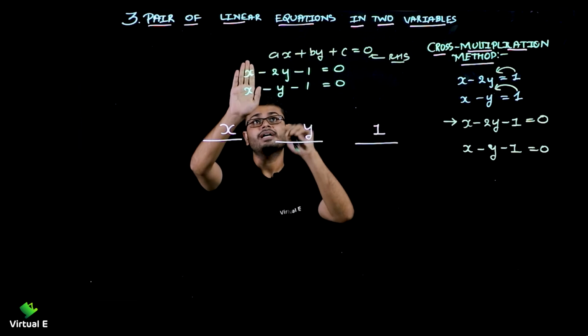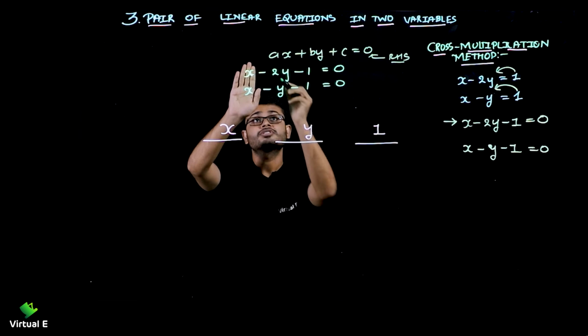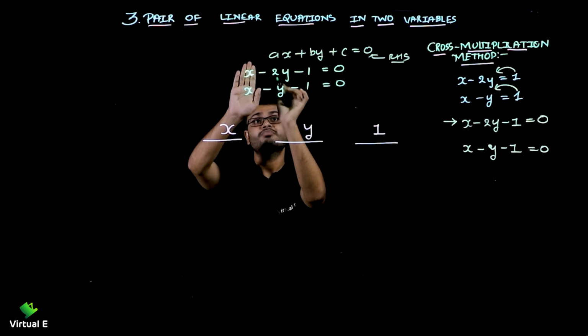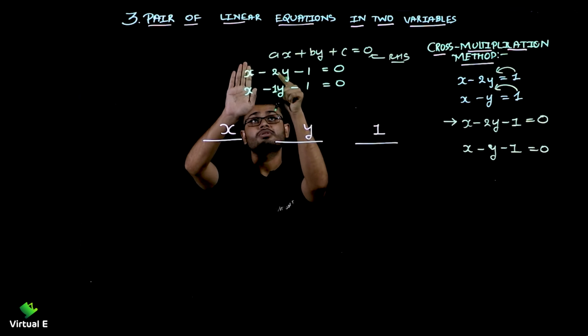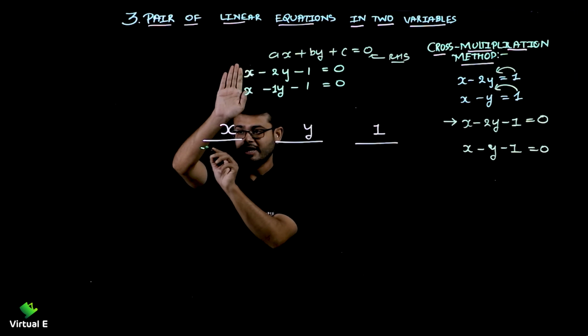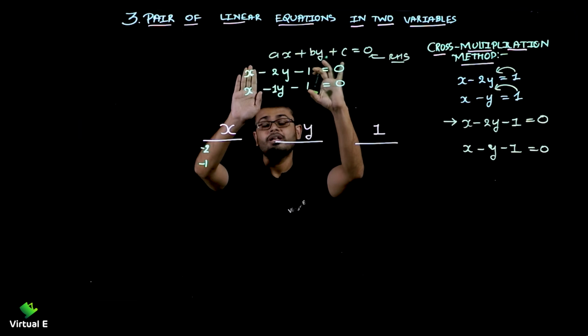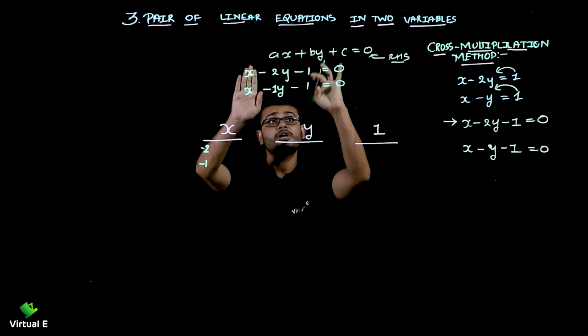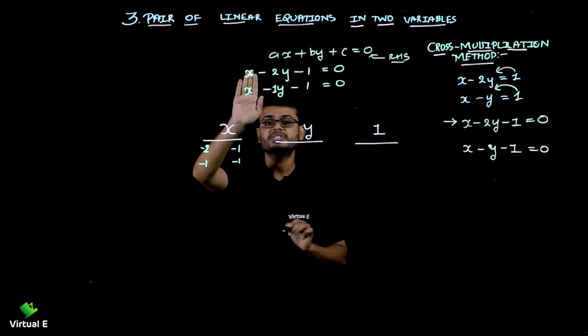The reason behind that, we are going to consider coefficients of y. So coefficient of y is in this case minus 2, and here it is minus 1. So these two coefficients I am writing over this side. So minus 2 and minus 1, and two more values I can see, which is minus 1 and minus 1. So I think the first step is clear.